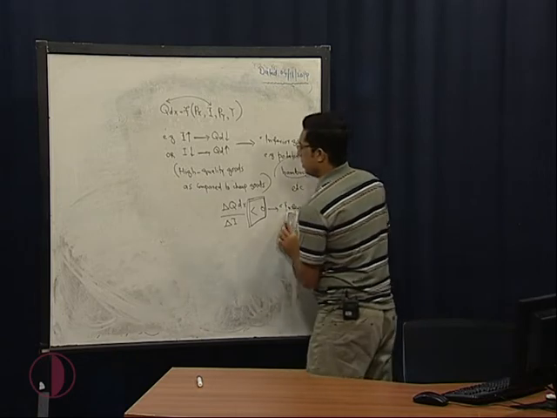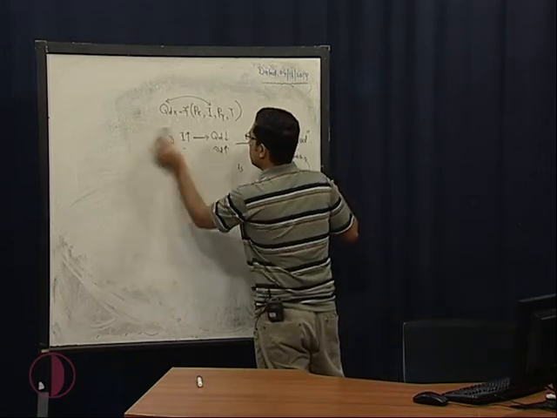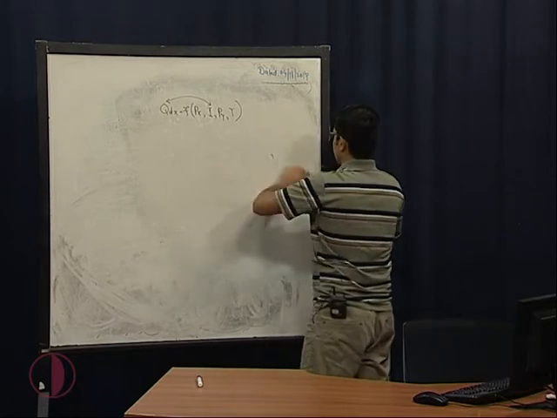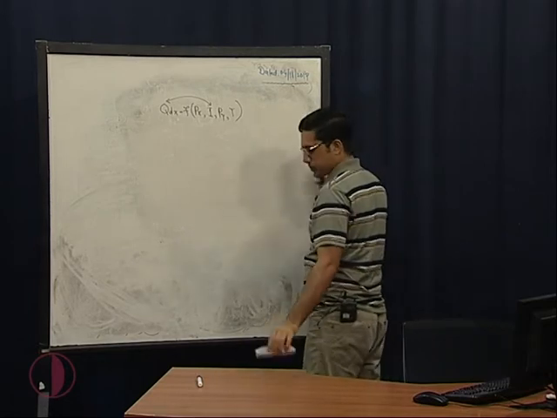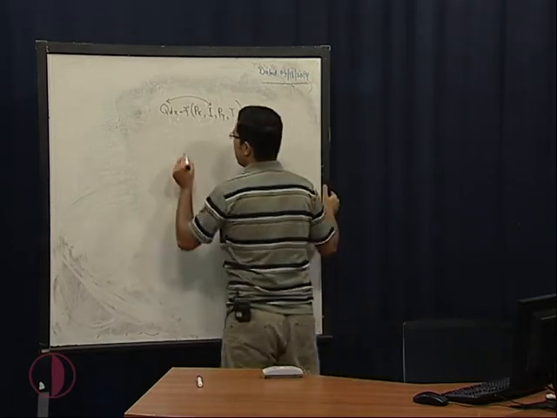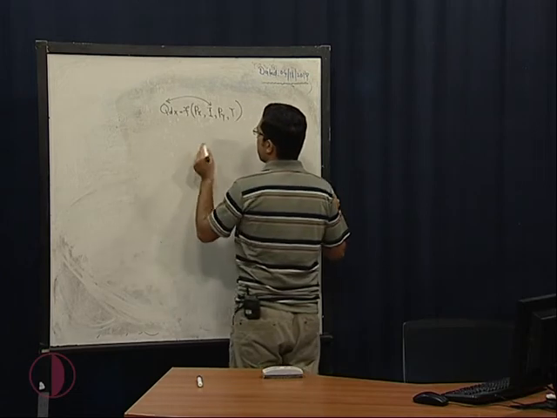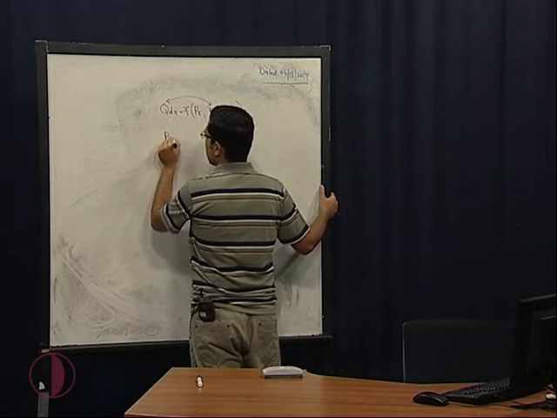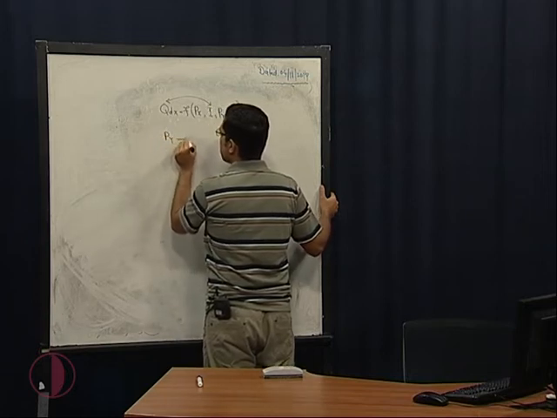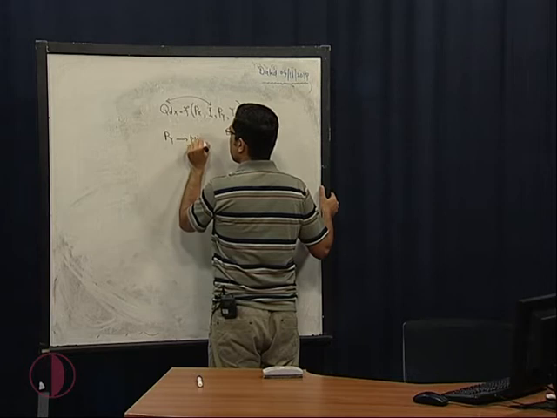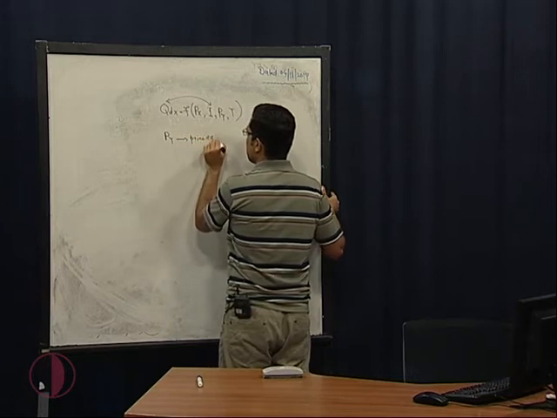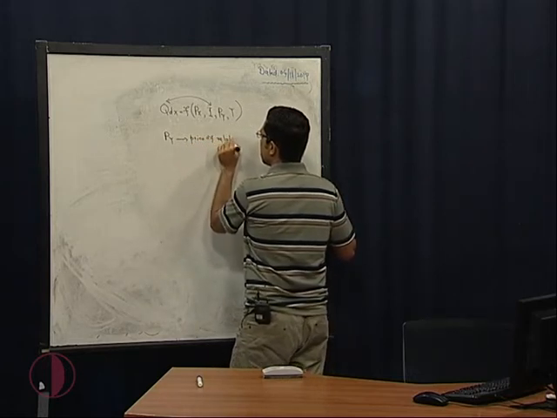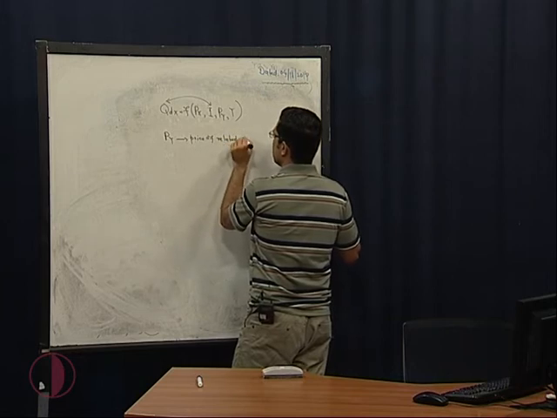Now we are talking about the relationship between quantity demanded of X and price of Y. Price of Y means price of related goods.